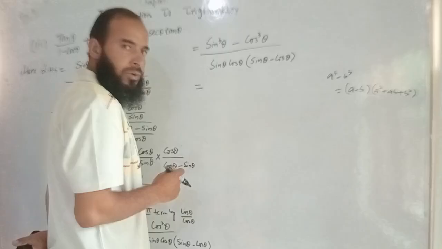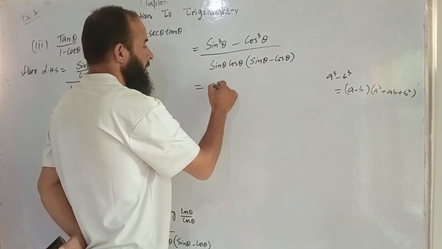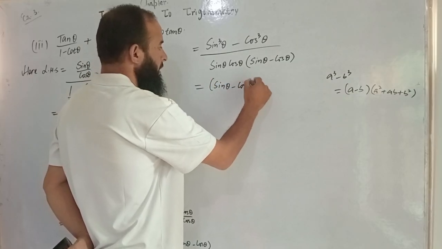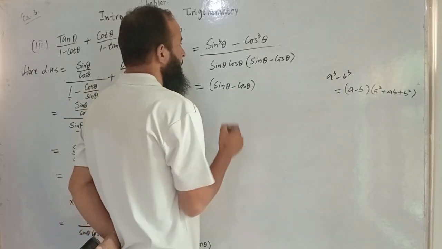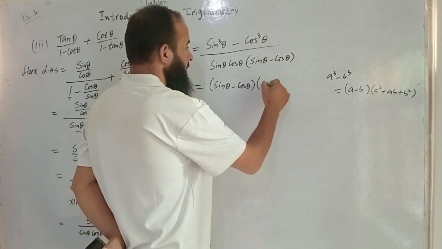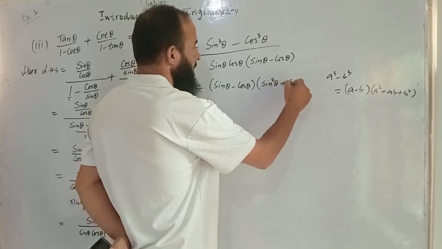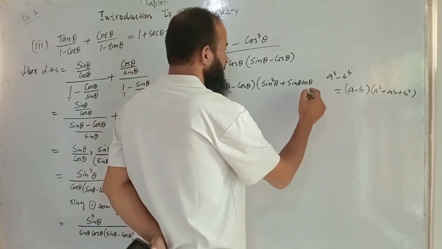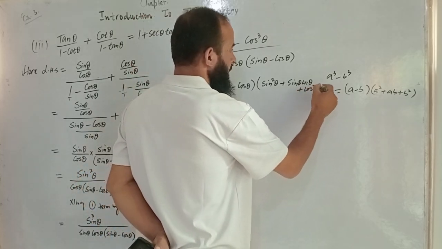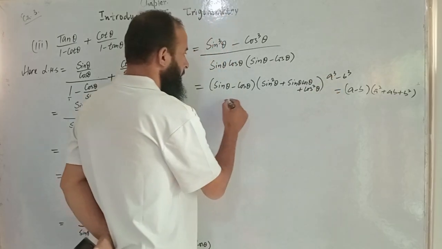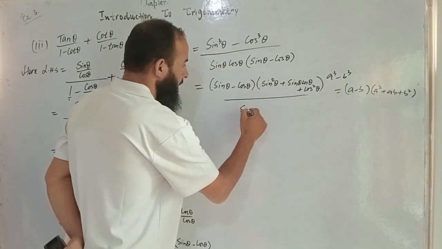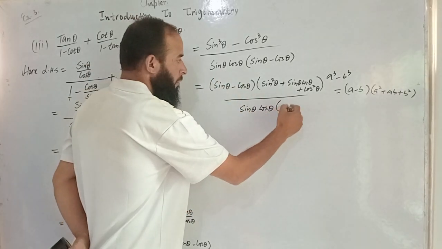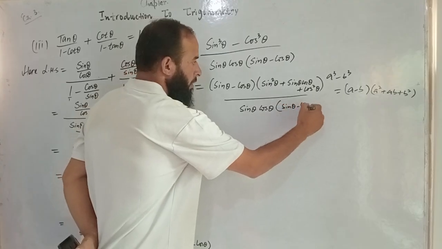So a cube minus b cube will be here a minus b, that is sine of theta minus cos of theta, into a square, sin square theta, plus ab, that is sin theta cos theta, plus b square, cos square theta, okay, whole divided by sin of theta cos of theta into sin of theta minus cos of theta.